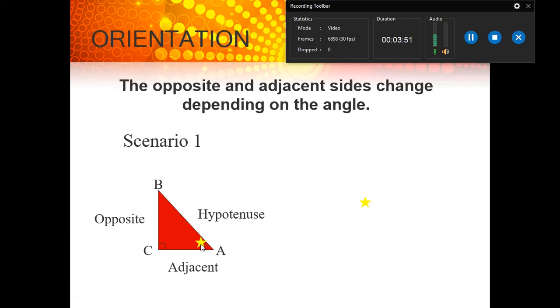The star represents you are here. So if I'm working with angle A, directly across from me would be my opposite side because they're across from each other. The side between C and A is called the adjacent side because it's touching the angle. Adjacent sides are next to each other.